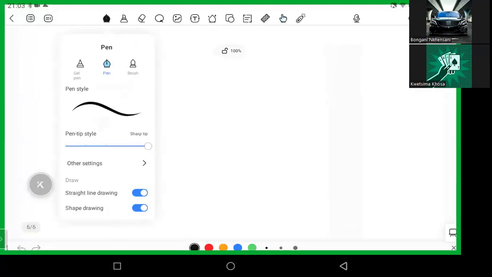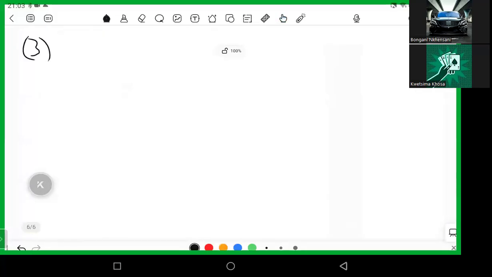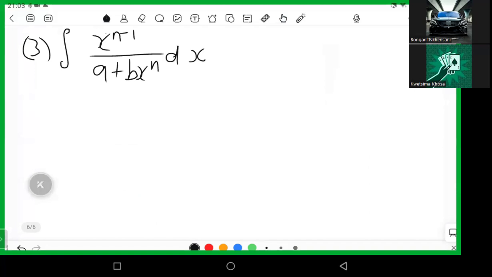Then we go to number 3. If you are having the integral of x to exponent n minus 1 over a plus bx to exponent n dx, here you're going to let u be what is on the denominator, which is a plus bx to exponent n.